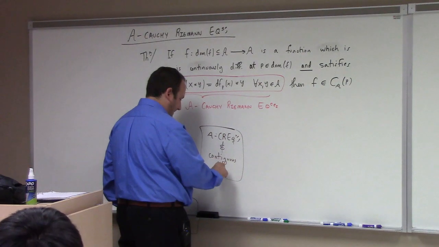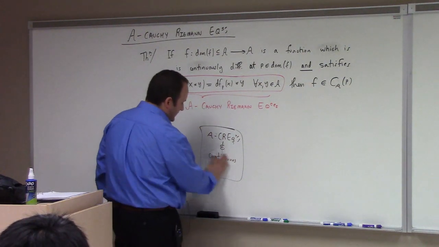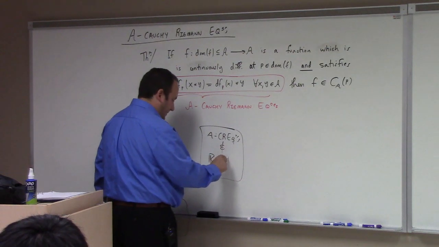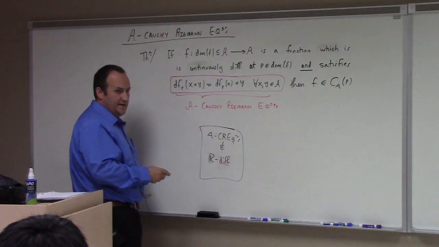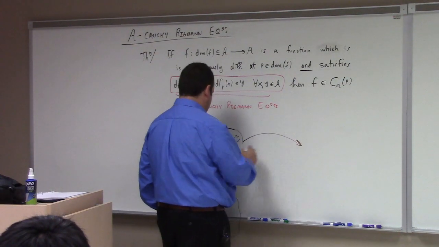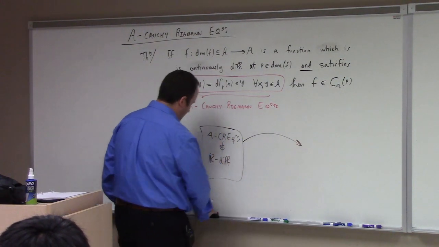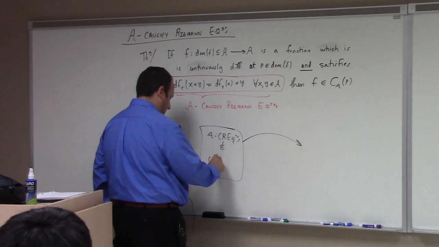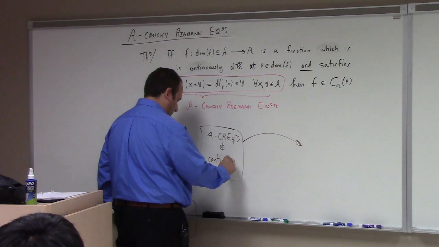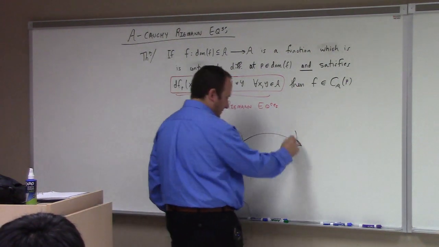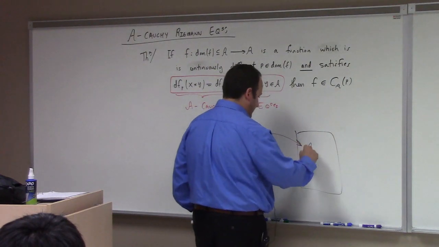Actually, we could just talk about ACR equations and real differentiable. These two things paired together, well, stink, I'm sorry. I do want continuously differentiable. That is a theorem that gives me that it's A-differentiable.